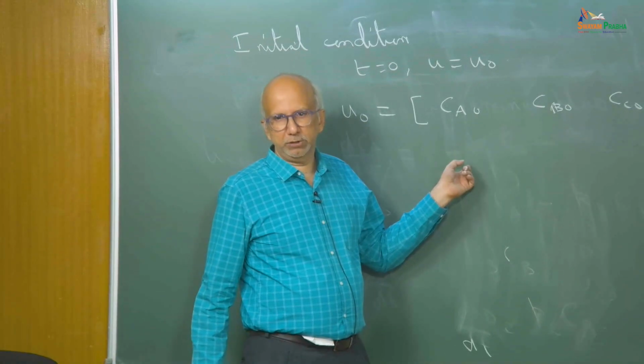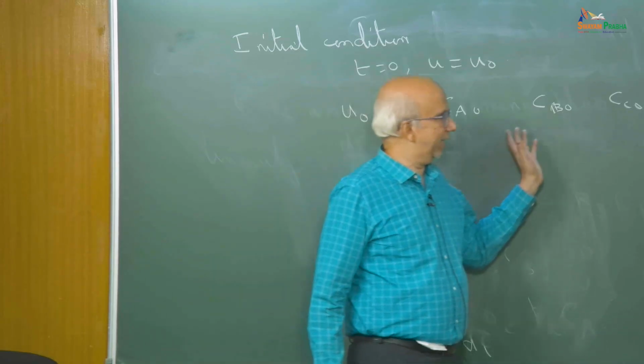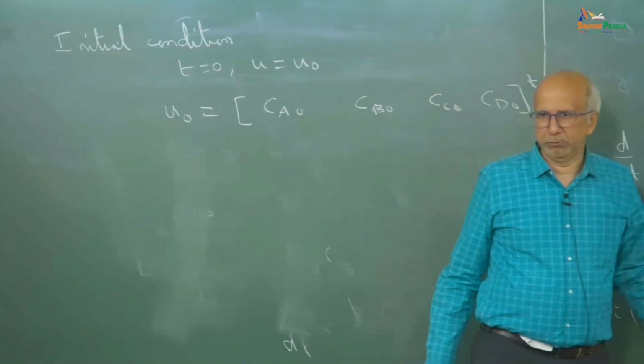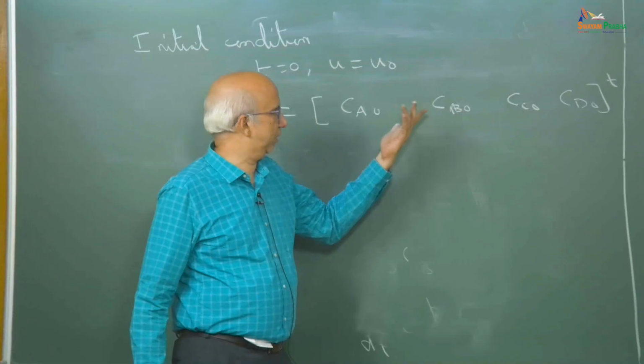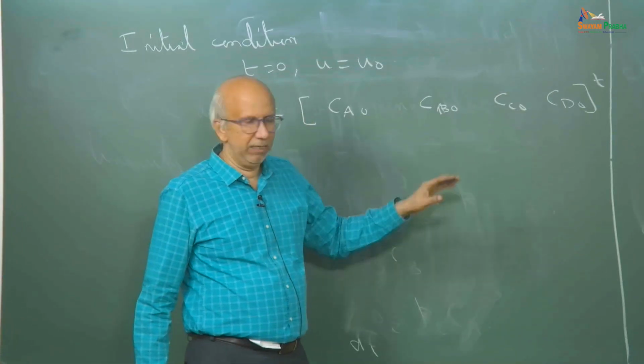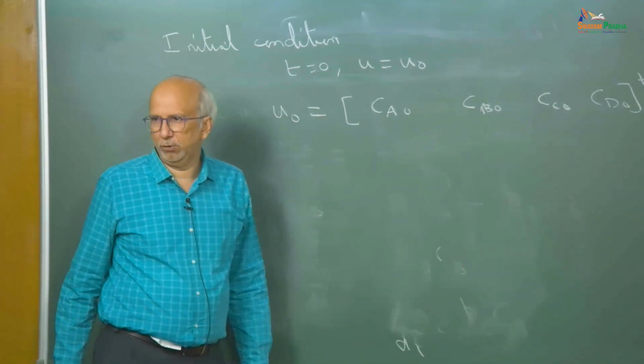If A is also 0, nothing is happening in your reactor. So A has to be there, and then because of reaction B, C, D will get produced. But for the sake of generality, I am writing these could be 0, could be non-zero.